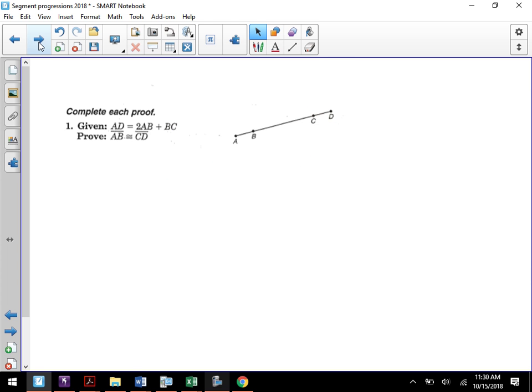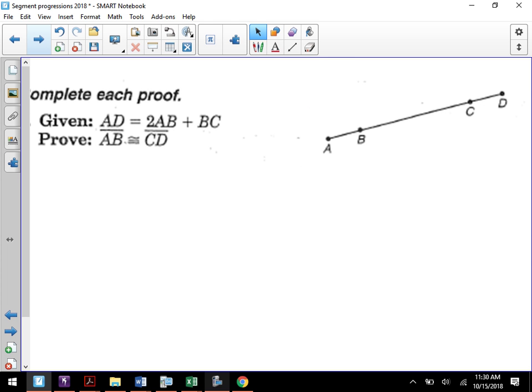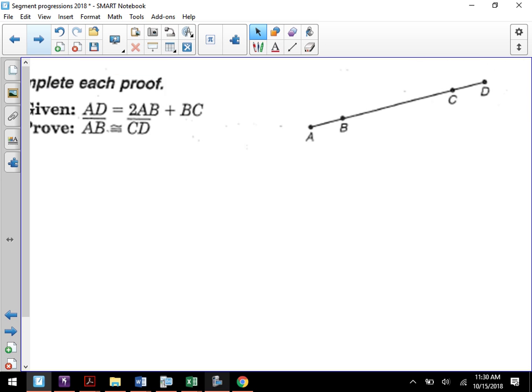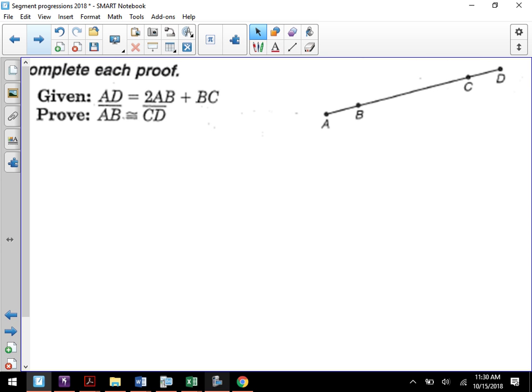Well then, let's do a proof. There's a given and a proof statement here, and a diagram that goes along with it.